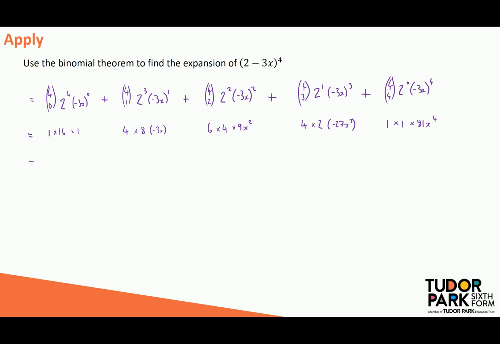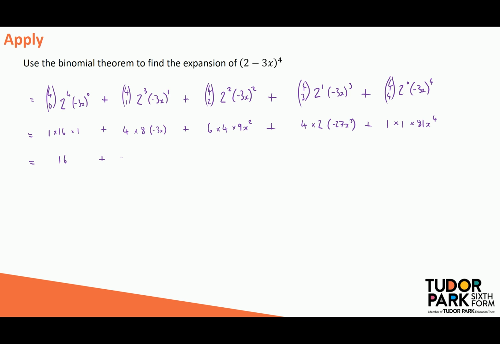Now in my last step, I'm just going to make sure that I've got these final bits multiplied together. So in this case I've got 16, plus 32 times 3, which is 96.